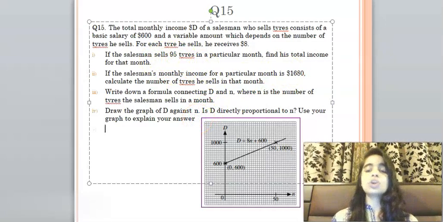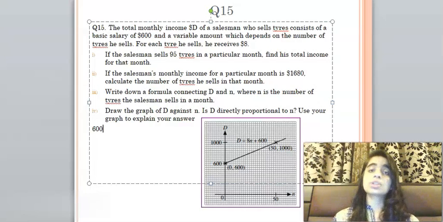So as I told you, total income consists of a fixed amount of 600. So that is fixed, but also the variable amount. Now for one tire he is receiving $8. So how many dollars will he receive for 95 tires? So plus 95 multiplied by $8.